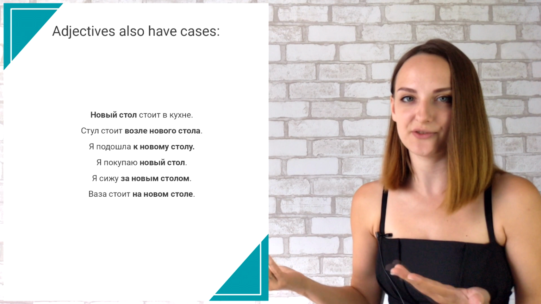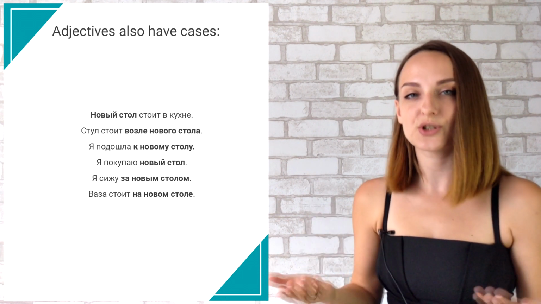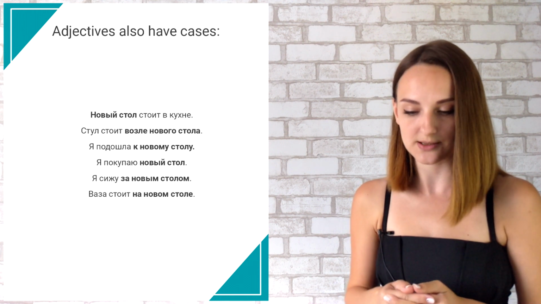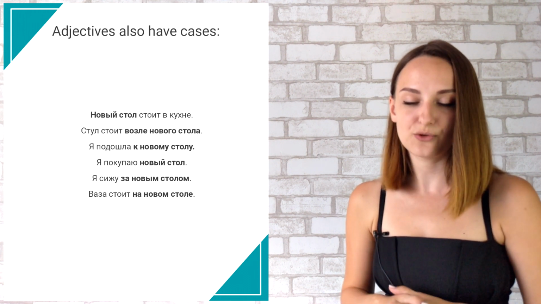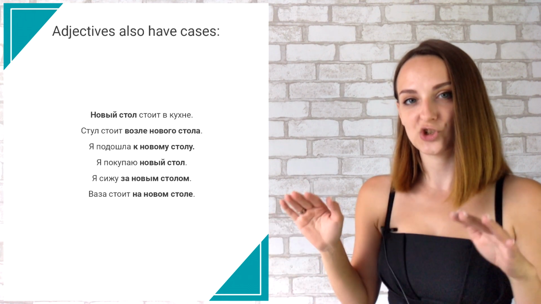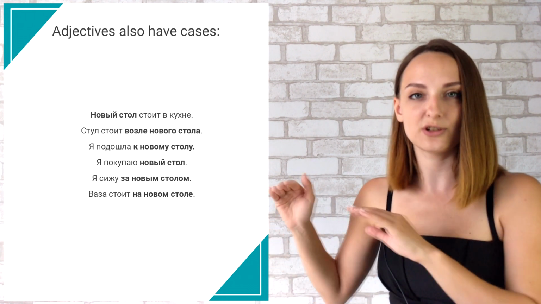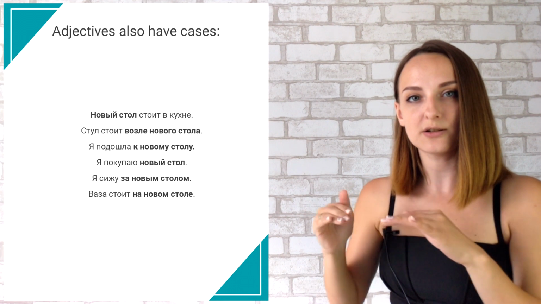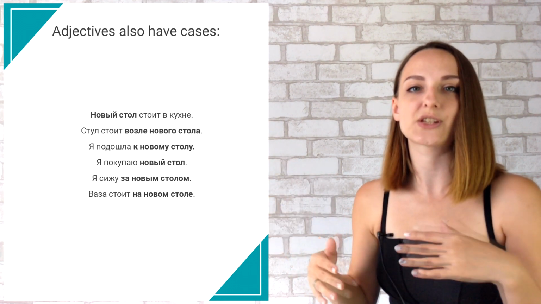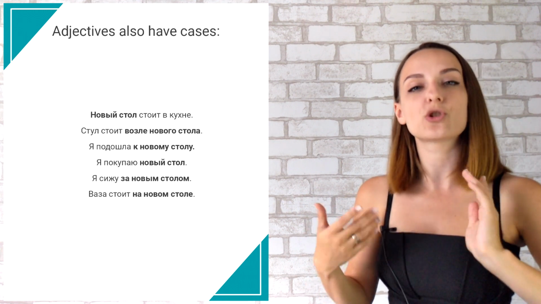Новый стол стоит в кухне. Here, новый стол is in the nominative case, because this is the subject of the sentence. Стул стоит возле нового стола. The chair stays near the new table. After the preposition возле, we use the genitive case.